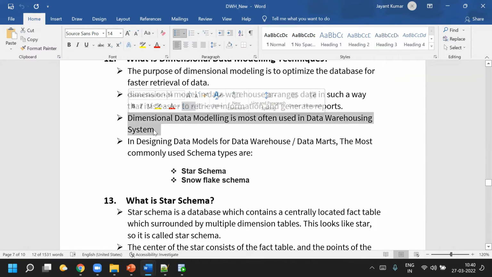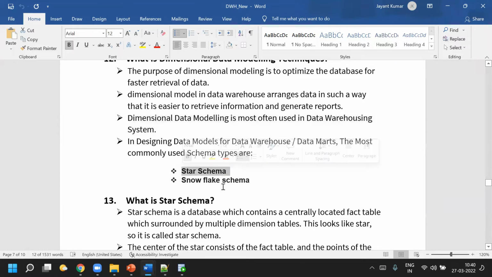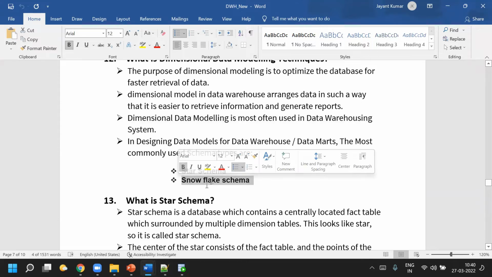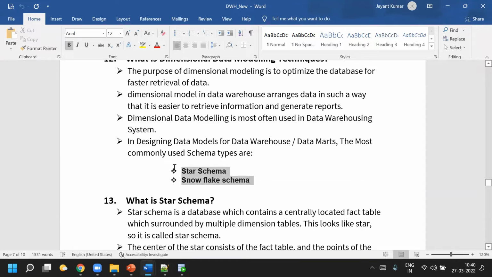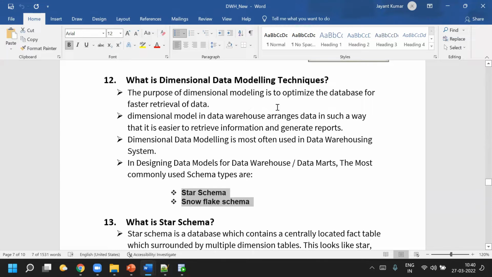For designing data models for a data warehouse or data mart, the most commonly used schema types are star schema and snowflake schema. These are the two schemas an architect will use to design a data warehouse, so that the data will be in an organized format.